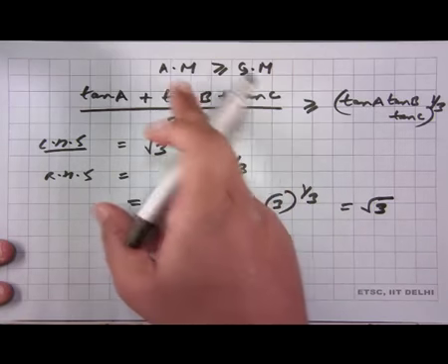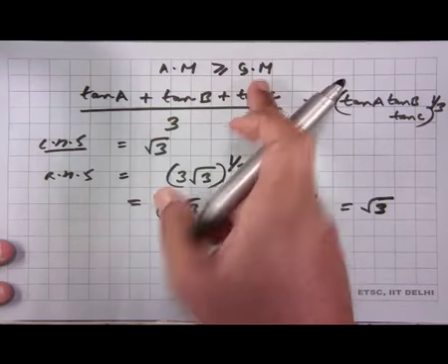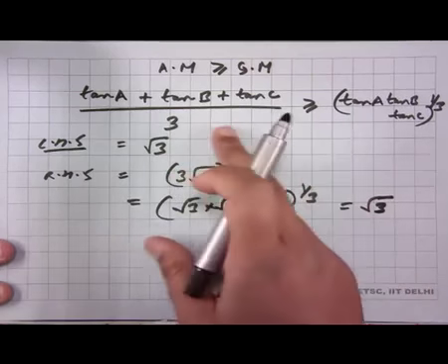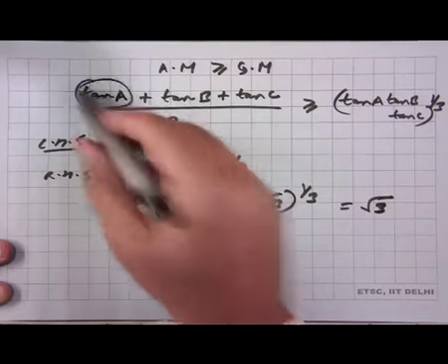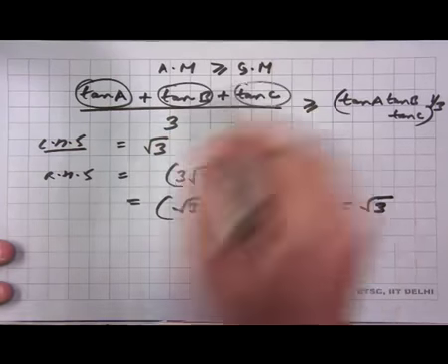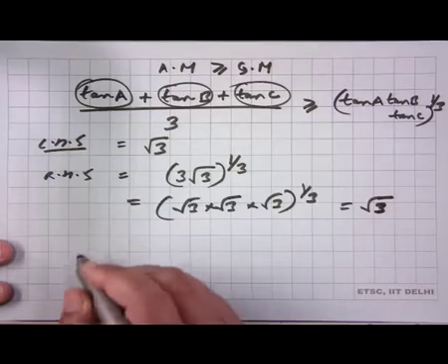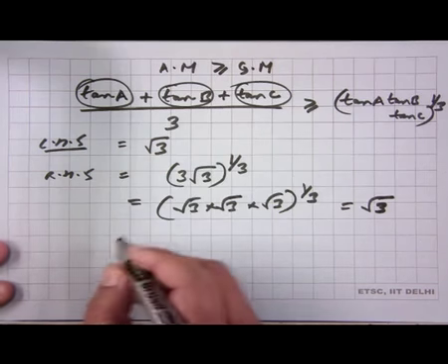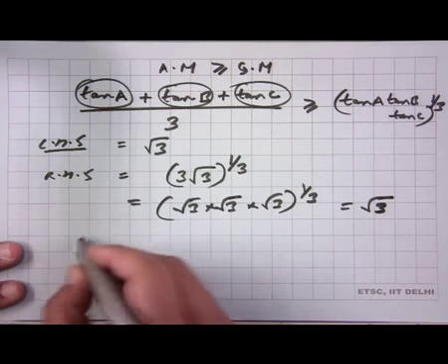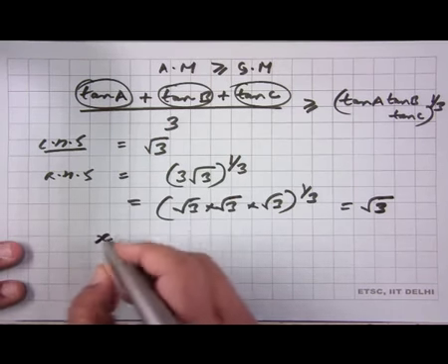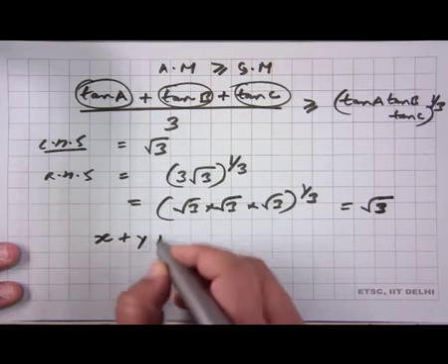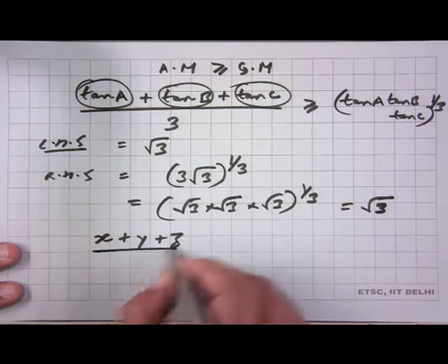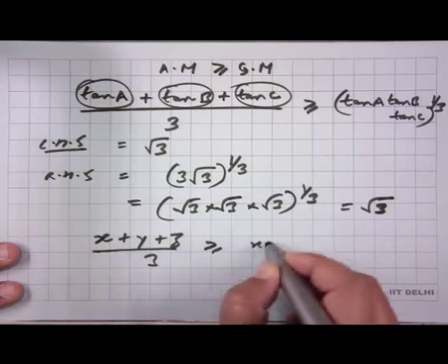And we know that in the AM-GM inequality, if the left hand side and the right hand side are equal, what it implies is that all of the real numbers have to be equal to each other. So, essentially we know that if we have three positive numbers x, y and z, then this is always true.